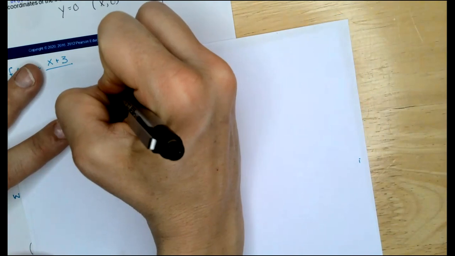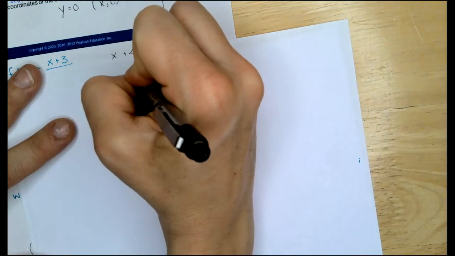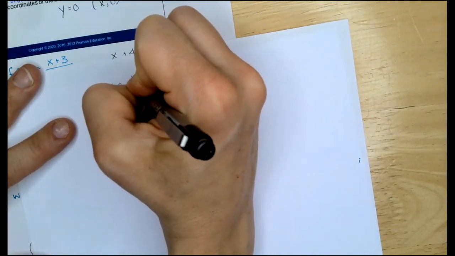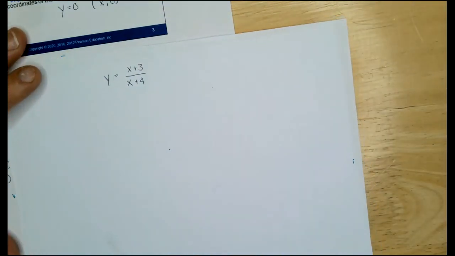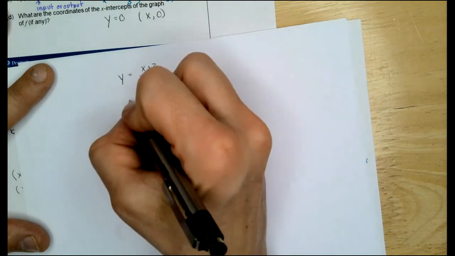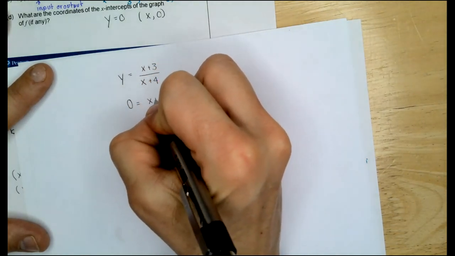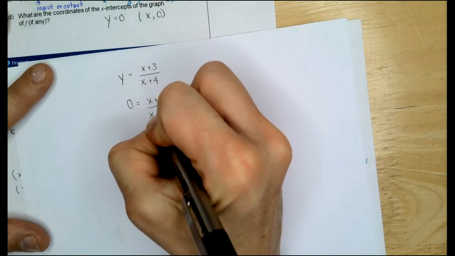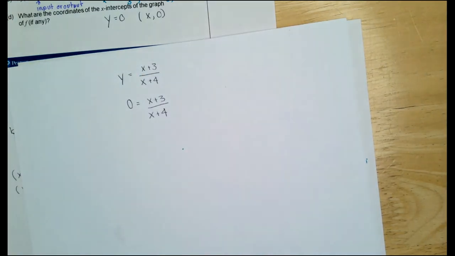Okay? So our graph was y equals x plus 3 over x plus 4, or f of x equals x plus 3 over x plus 4. The x-intercept means we replace y with 0. 0 equals x plus 3 over x plus 4. Same thing.